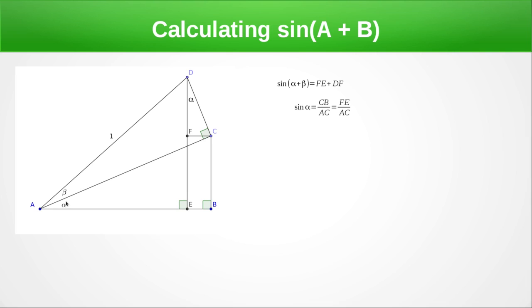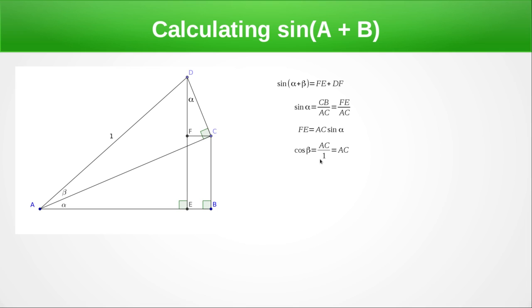Using this triangle here, sine alpha equals CB over AC, the opposite over the hypotenuse. But CB and FE are the same, so we can write it as FE over AC instead. If we rearrange that, multiplying by AC, we get FE equals AC sine alpha.